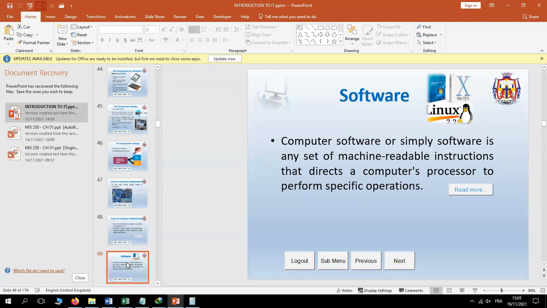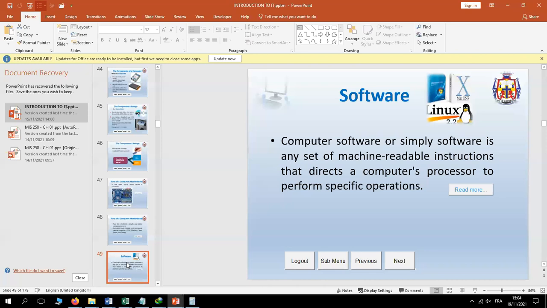However, you can't touch software by itself. It is intangible. It is invisible. You can't see it. You can't feel it. You will feel the CD, which is hardware, but you will not feel the software on that CD. So it drives, it directs, it instructs the hardware on how to behave, what to do, when to do it, how to do it.